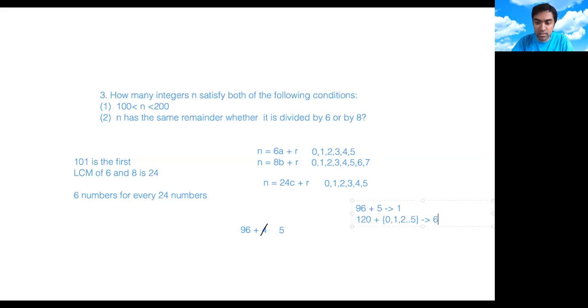So that gives us 6. 144 plus any of 0, 1, 2 through 5 gives us 6. So I didn't write the plus 0 to 5 for each of these, but each of these should have 6 for each of the multiples of 24. So 6 times 4 plus 1 should be 25 total.